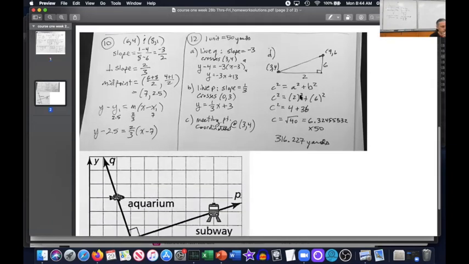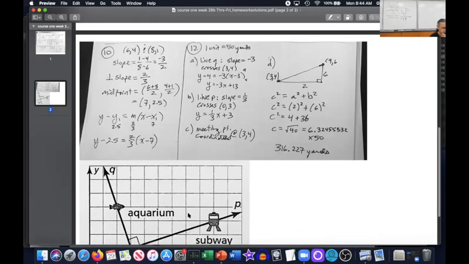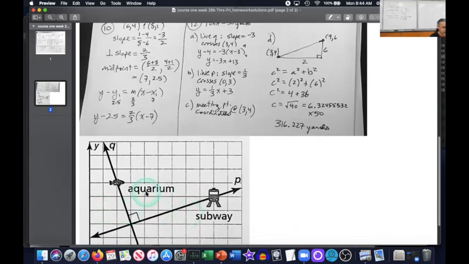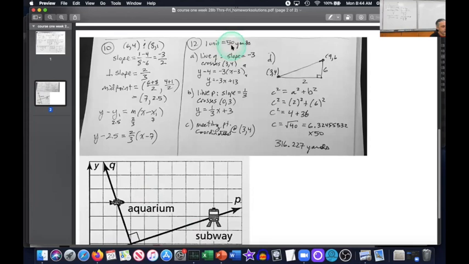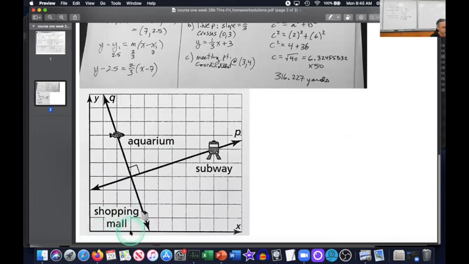All right, now the thing with 12 is that they told you that each unit is worth 50. Now, I would just use the coordinates based upon integers and not worry about the coordinate at the intersection, which is 3, 4, and would be multiplied by 50 if you wanted to convert to yards, but you don't need to worry about that.